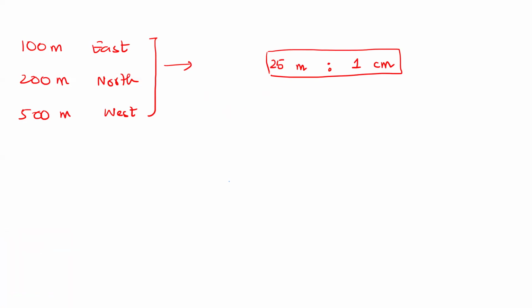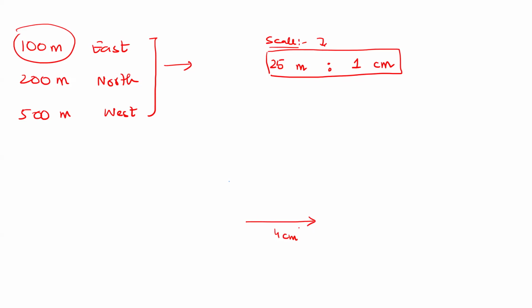So if that's the scale, 100 meters east would mean drawing a line of 4 centimeters. This becomes 4 centimeters eastwards, right? So first thing is 4 centimeters east. Let's draw it.